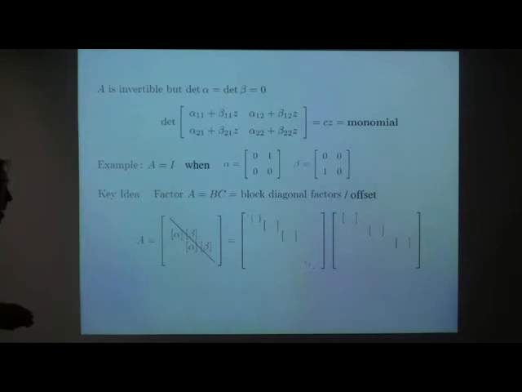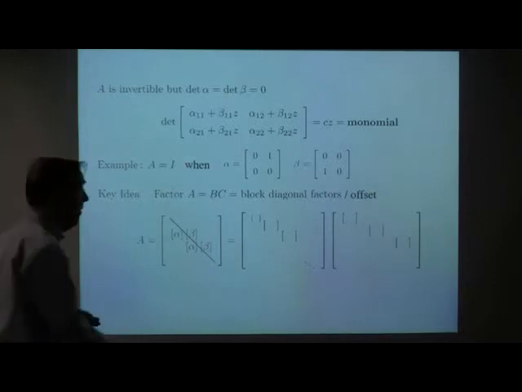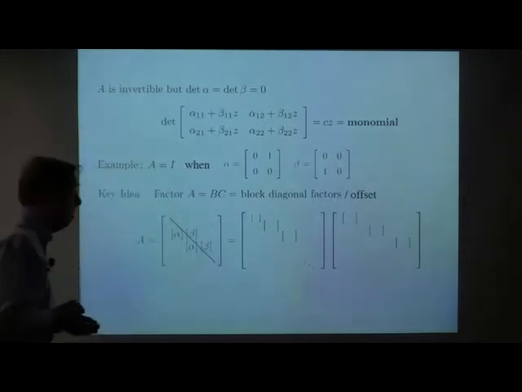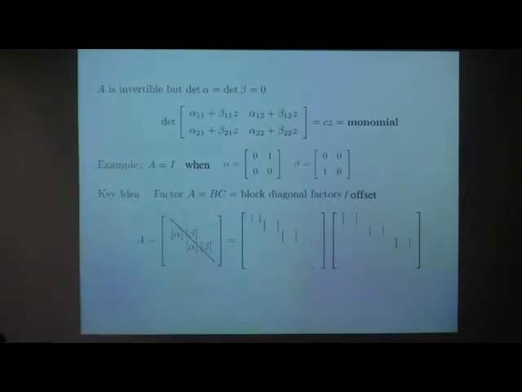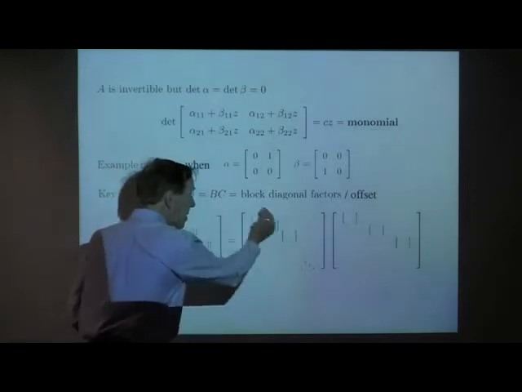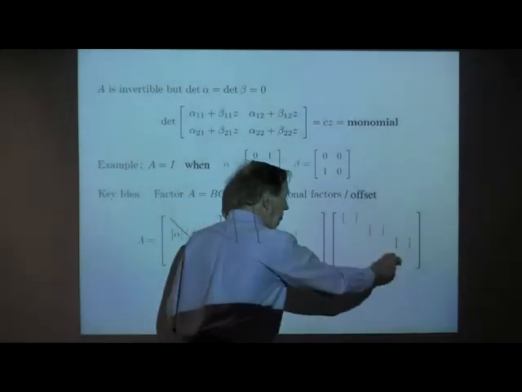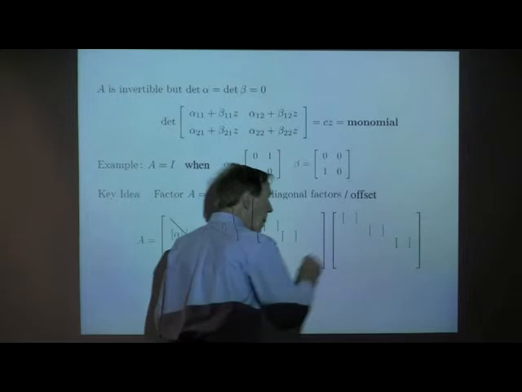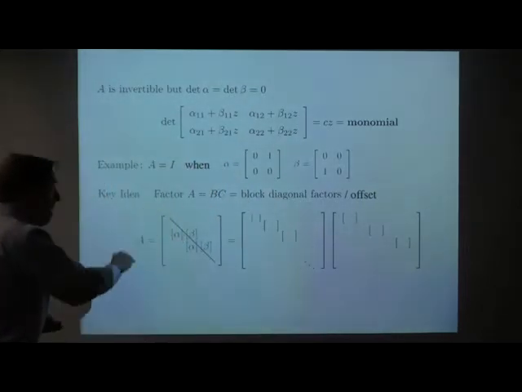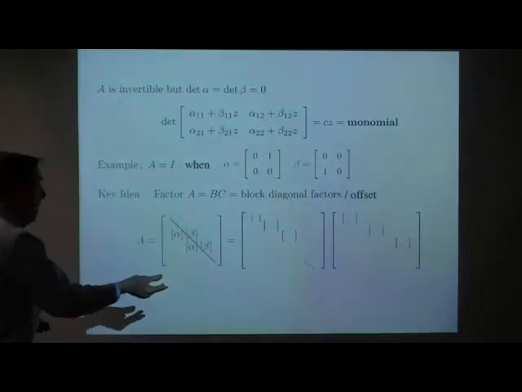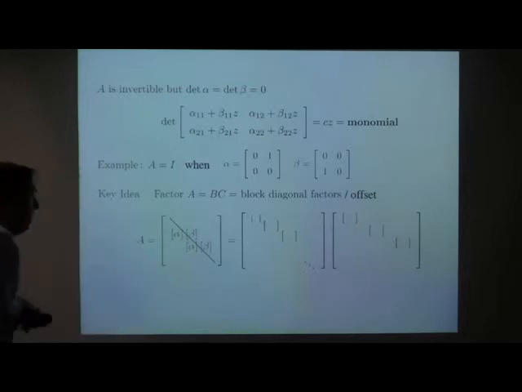So, what do we know about the inverse of this? Block diagonal matrix, to invert it, you just invert block by block. So the inverse matrix will also have that block diagonal form. Same here. When I multiply a block diagonal times a block diagonal, I get a block bidiagonal.